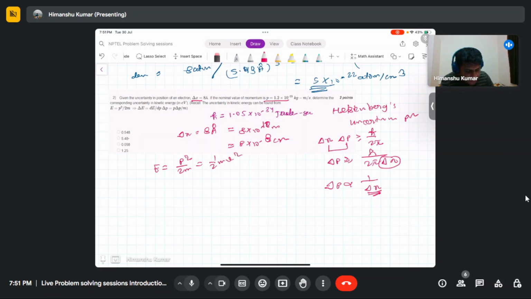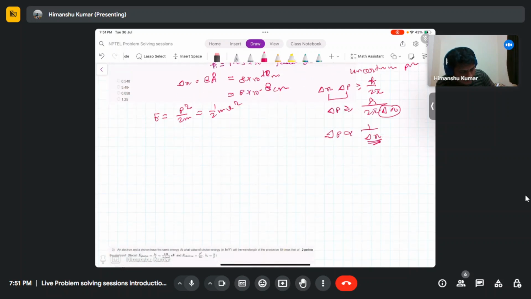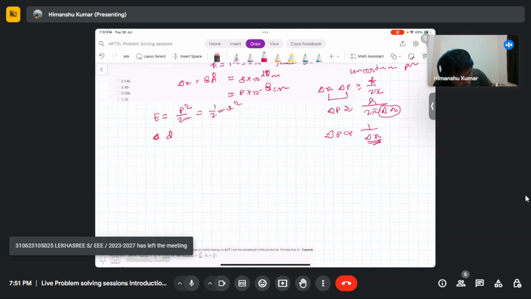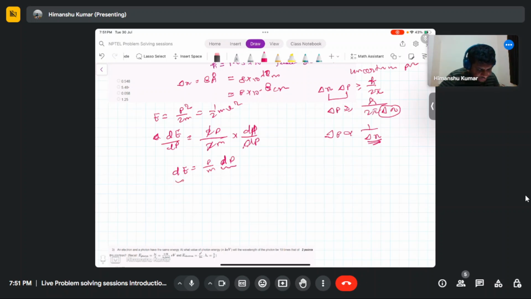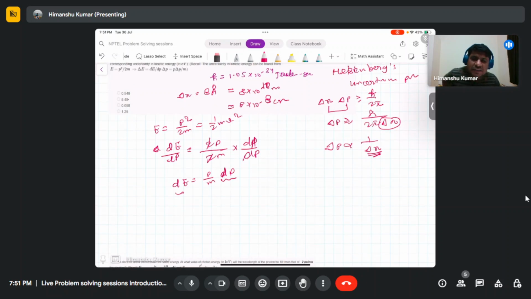If you take the derivative, dE by dP, with respect to P, this becomes 2P by 2M, the 2s cancel, and you get p by m times dp. Here dp is the uncertainty in your momentum, and dE is the uncertainty in your energy.